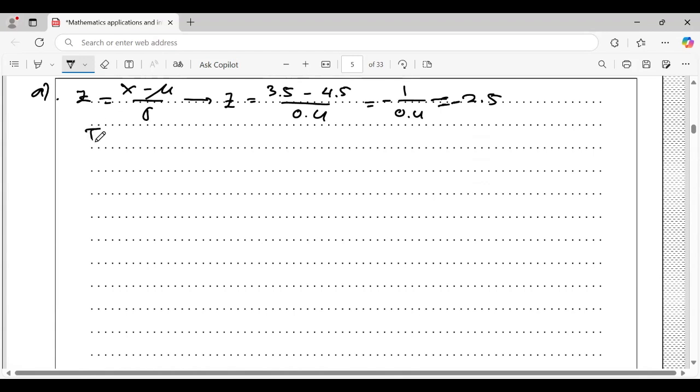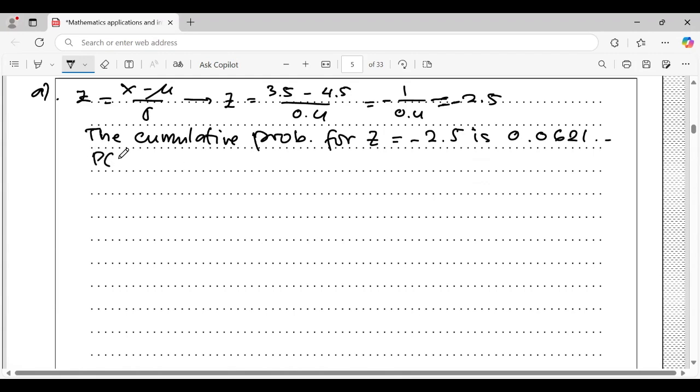And the cumulative probability for z equals minus 2.5, you can determine this number by calculator or by z table, is 0.0621.